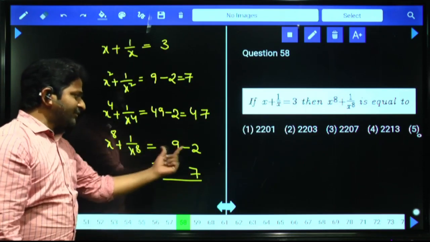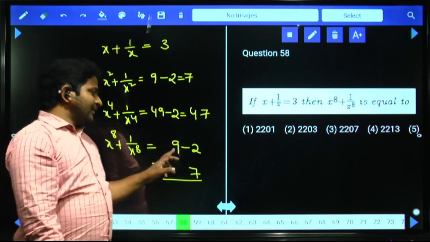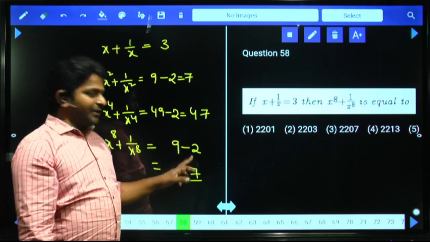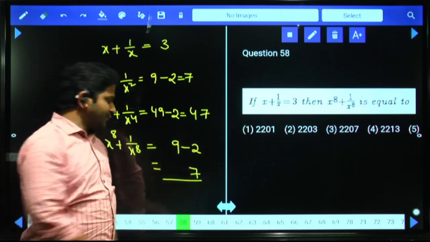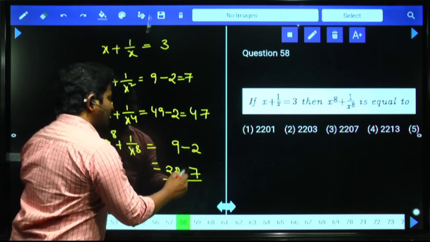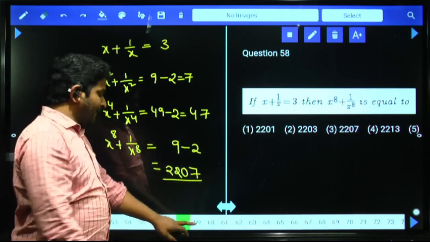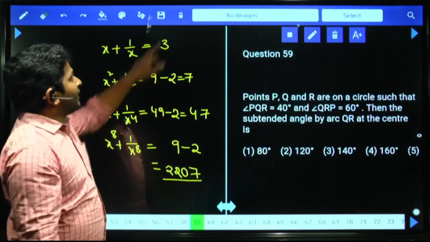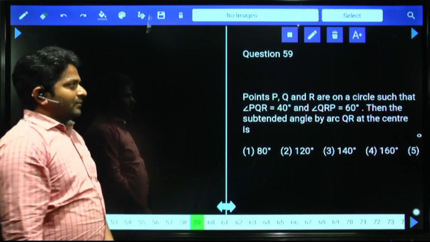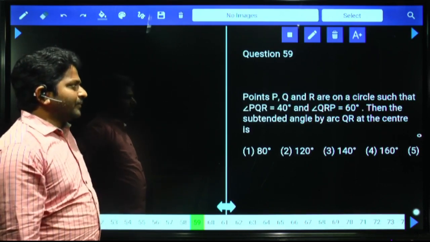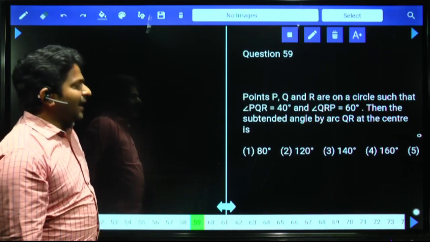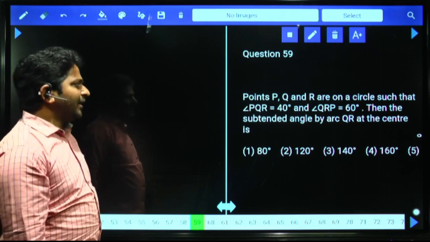So 47 square minus 2 should be your answer. 47 square ends with 9, 9 minus 2 ends with 7. There is only one option. Answer 2207.